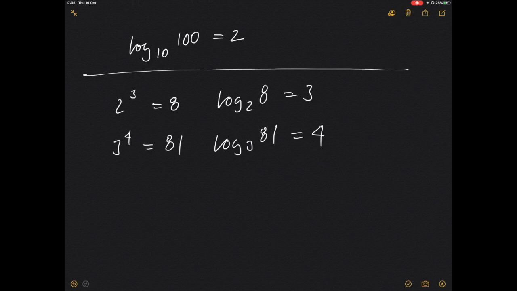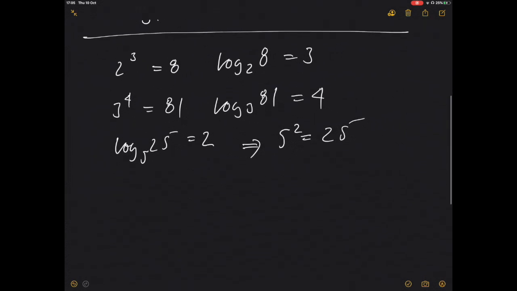Or perhaps another one, we could say log base 5 of 25 would quite simply equal 2, because 5 squared equals 25. And finally, something slightly more difficult: log base 9 of 3 equals a half. I think we talked about this in earlier lectures.